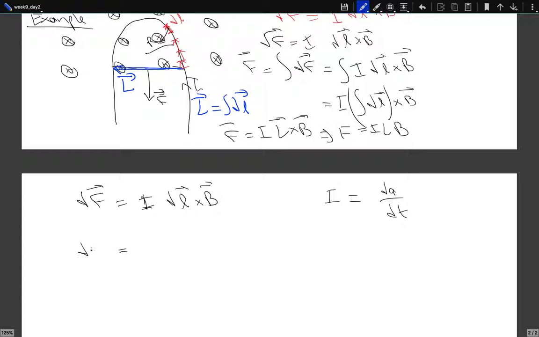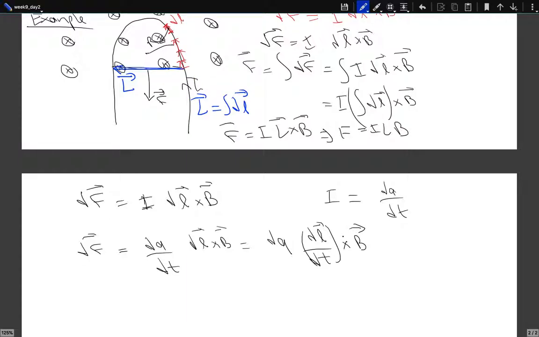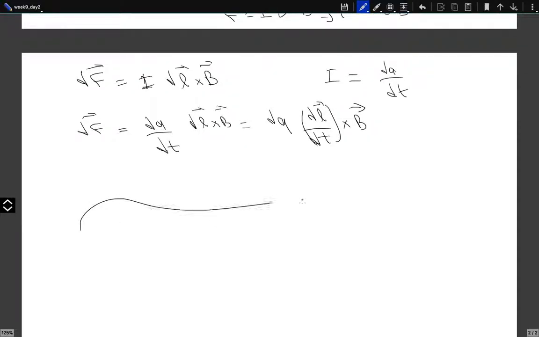So if we put it over here, dF is dq over dt times dl cross B, which is dq times dl over dt cross B. So essentially what I am doing over here is, this is my wire. I took a very small segment of this wire. Let's say the total charge in this wire is dq.